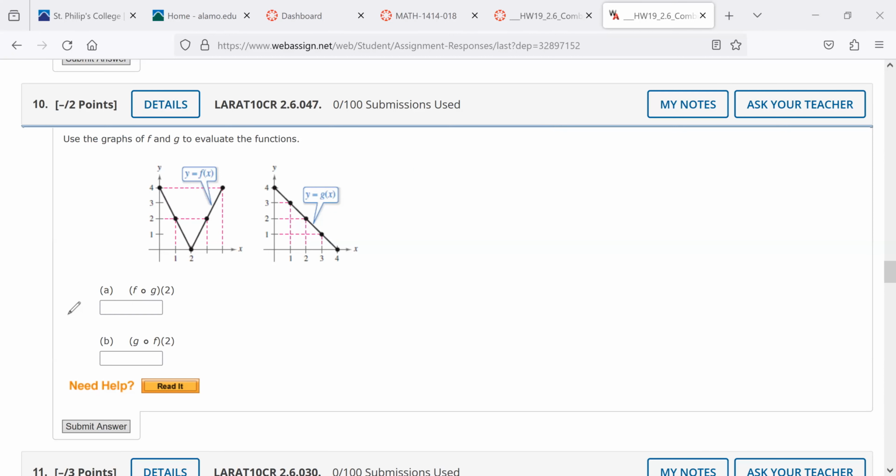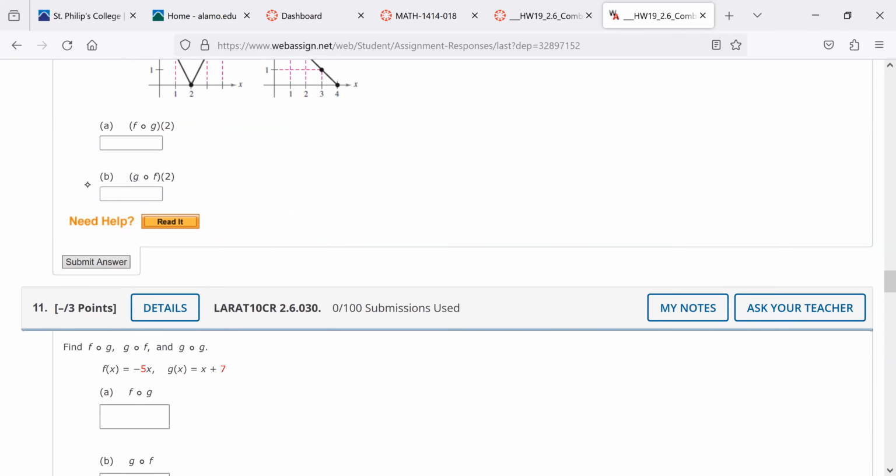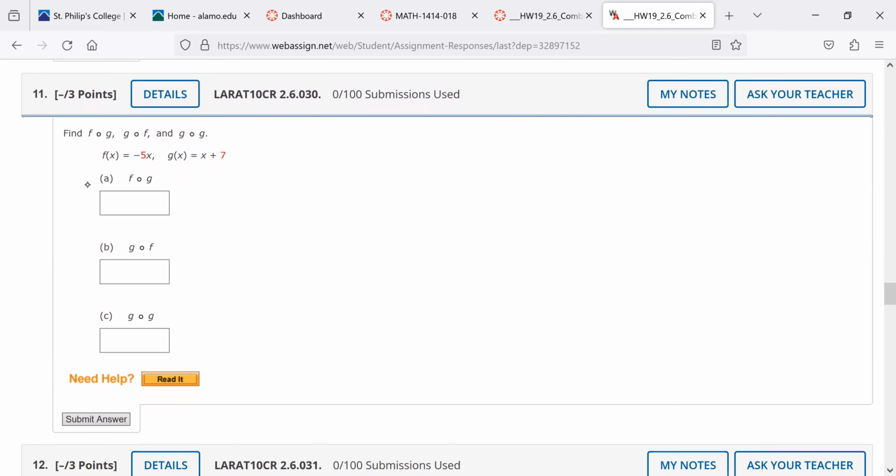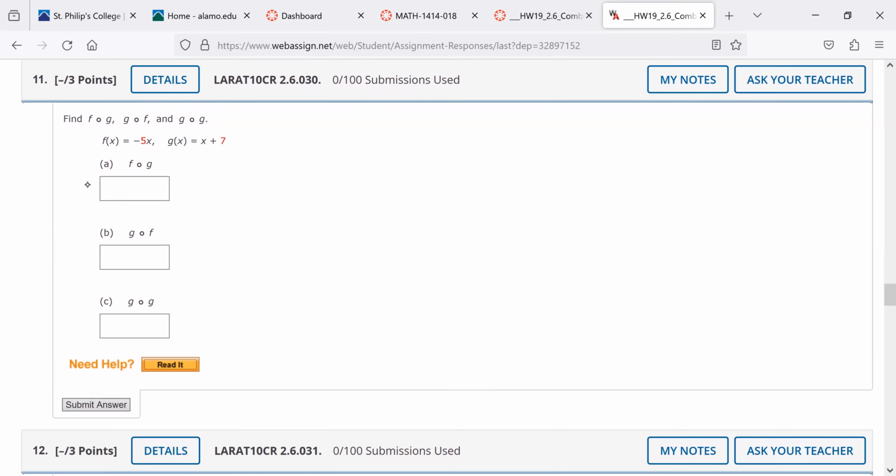Same deal. Here they want us to compose them in general and just give the actual function. Not too bad.